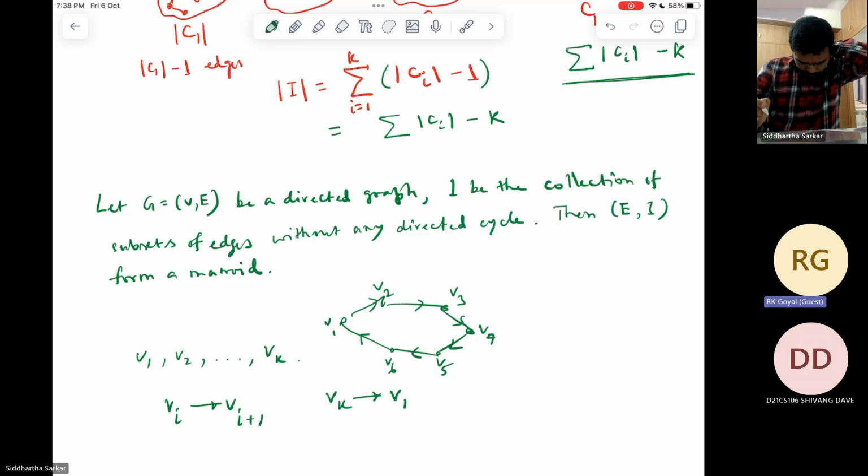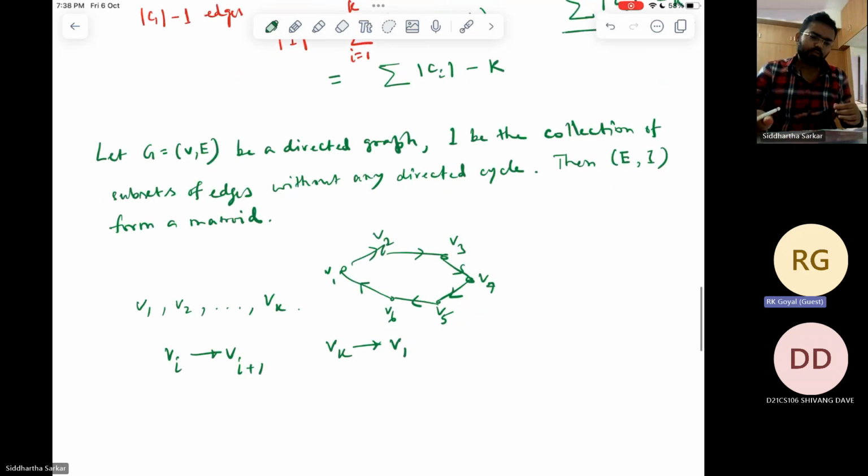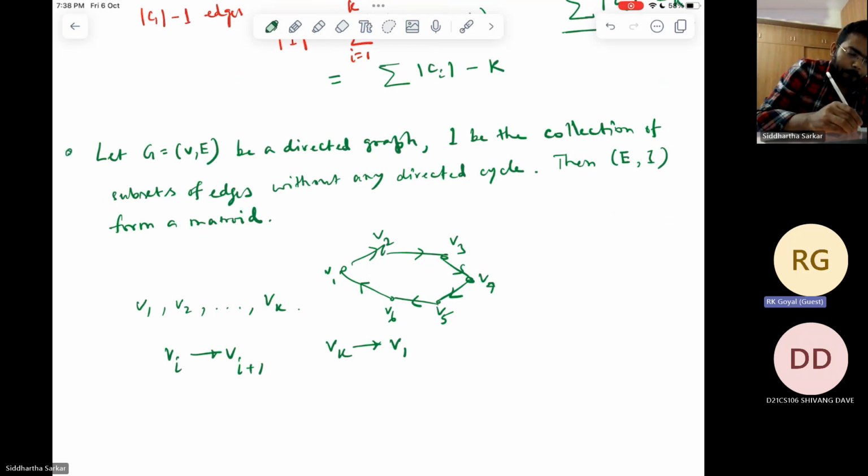Here E is the edge set, and I is the collection of the subsets of the edges without any directed cycle. Clearly phi is an element of this, and all the edges in isolation are part of it.